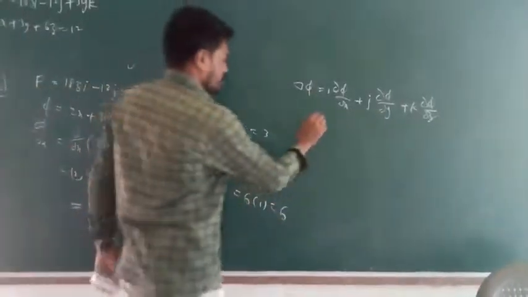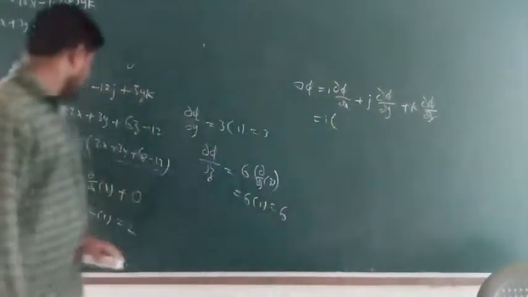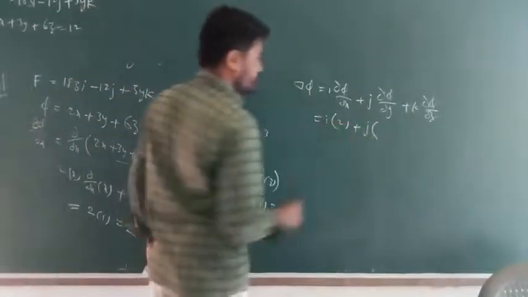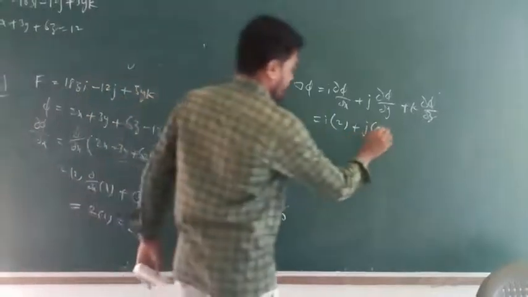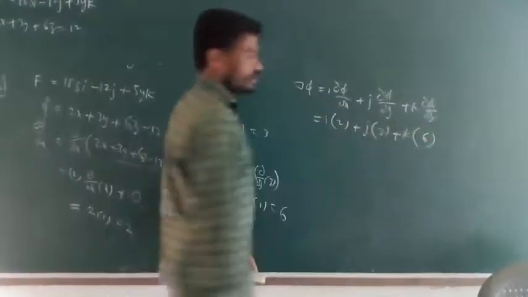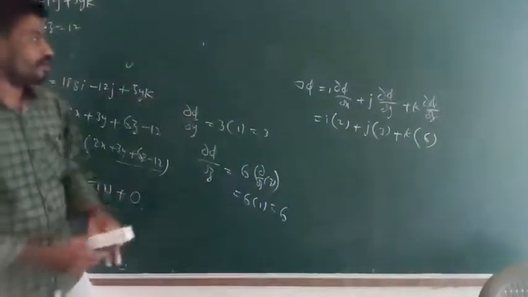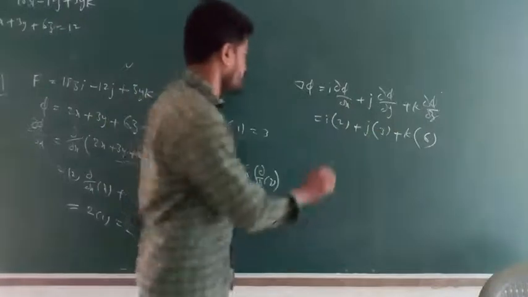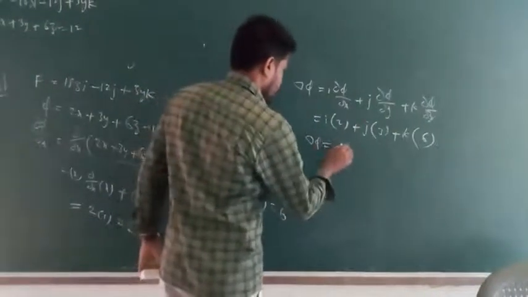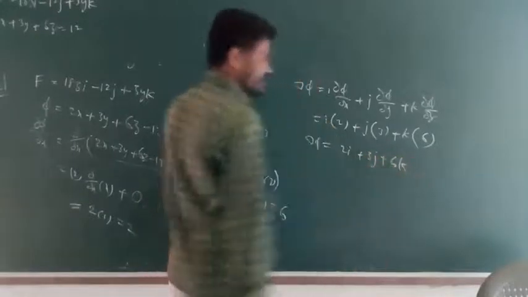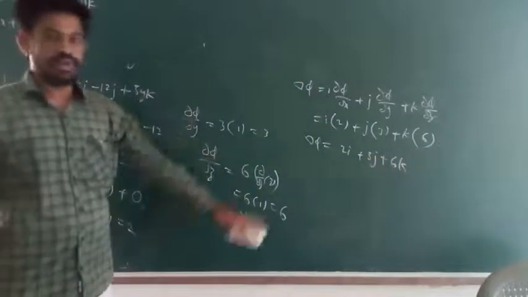Substituting, i times 2, j times 3, and k times 6. Total del phi is 2i plus 3j plus 6k. So this is the del phi method.